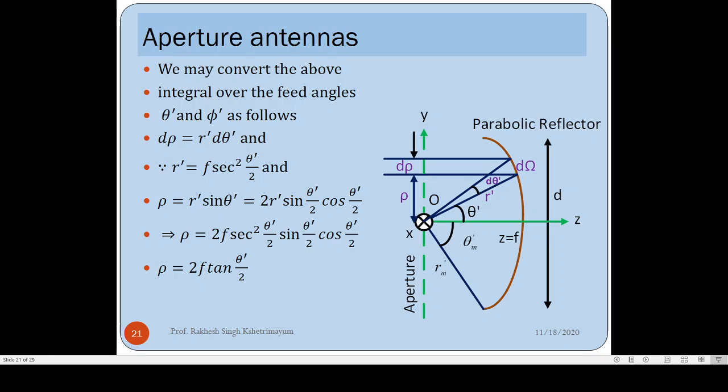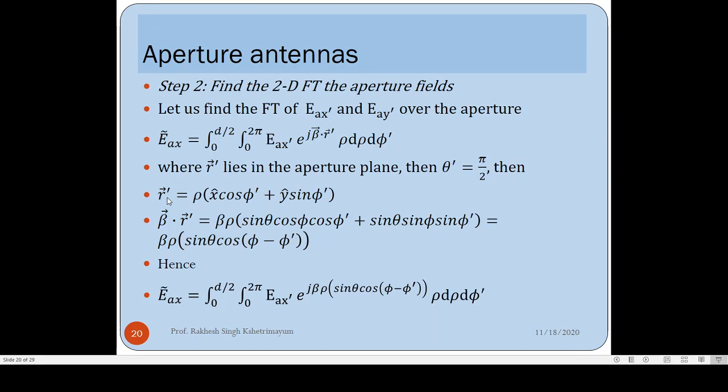I think I have another figure here. See, basically we are in this aperture plane. In this aperture plane, what is the value of theta dash? Theta dash will become pi by 2 here. And in this plane I want to find what is the r. Since theta dash is equal to pi by 2 and this distance here is rho, r dash will become rho times x hat cos phi dash plus y hat sin phi dash.